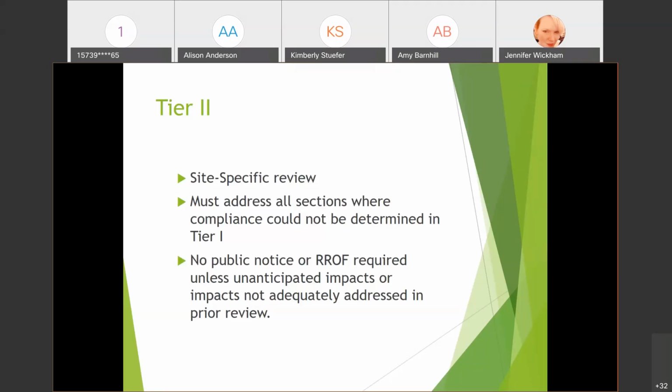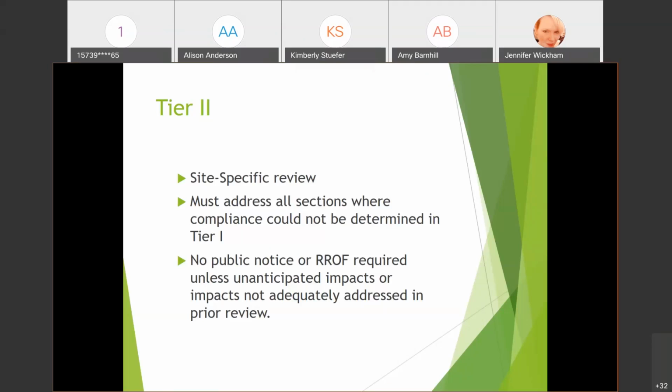You would be doing a biological survey to determine if there's any endangered species present at the site-specific level, at the project level for your specific area. And if you found endangered species, let's say you had endangered bats, you would maintain the trees as a condition of approval. That would be a mitigation measure that you would do after you did your tier 2.